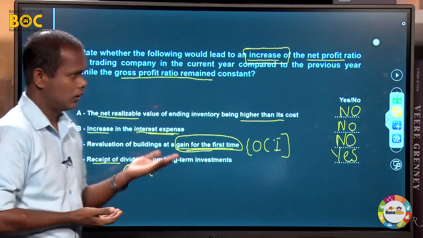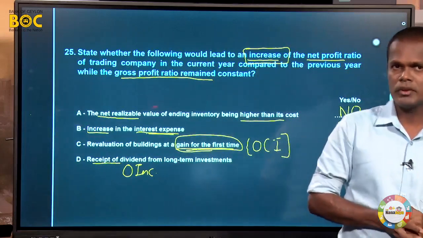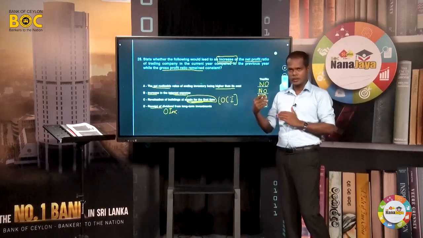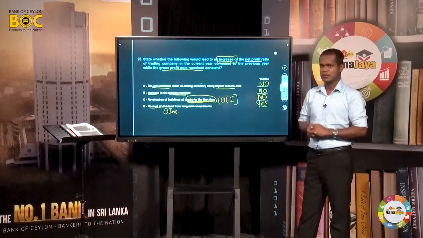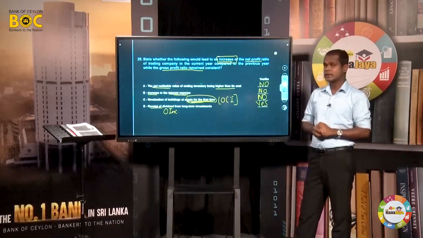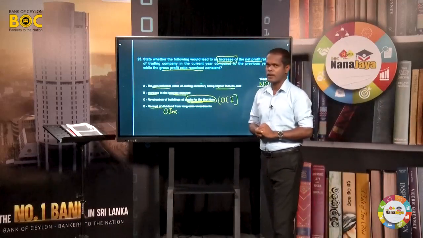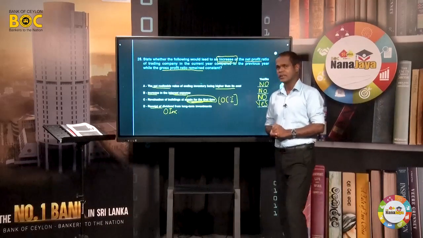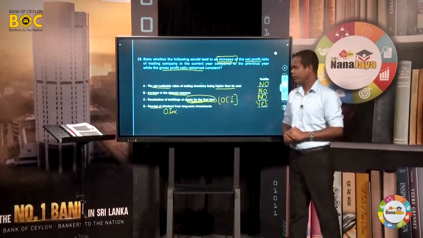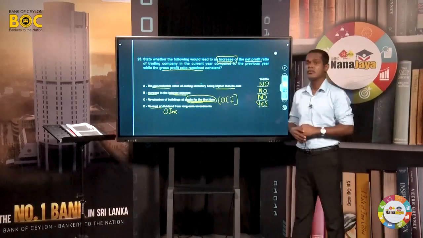Financial stability ratios: debt ratio, debt equity ratio, and interest cover ratio. Profitability ratios: gross profit ratio, net profit ratio, return on total assets, and return on equity. Efficiency ratios: inventory turnover ratio, inventory residence period, debtors turnover ratio, and debtors residence period. Finally, investor ratios: earnings per share and dividend per share.